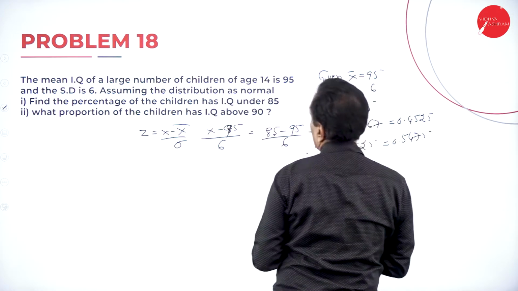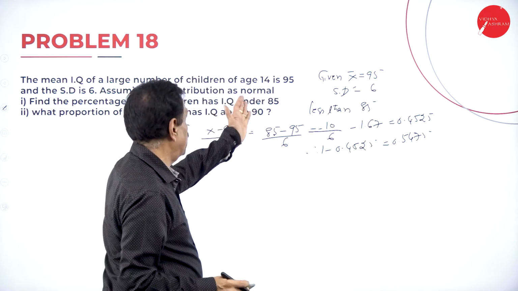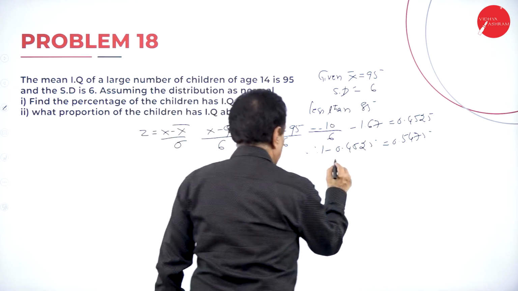That gives 0.5475. How many children are there? 14. What's the question?